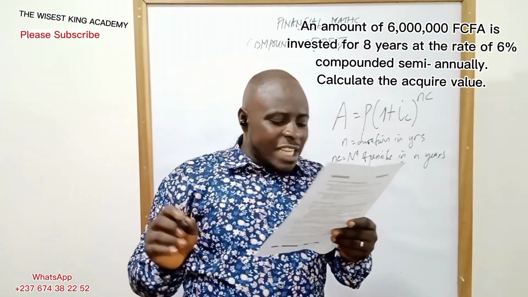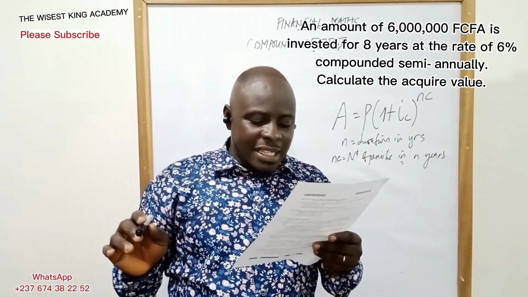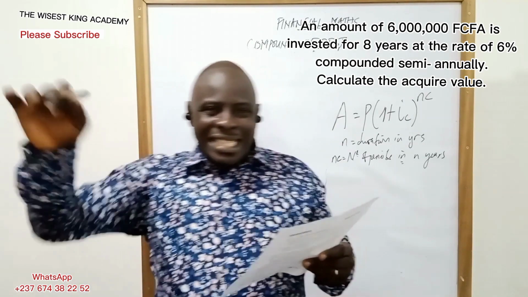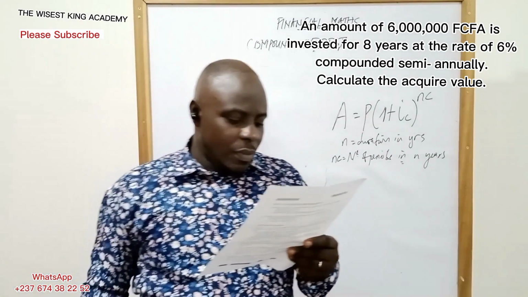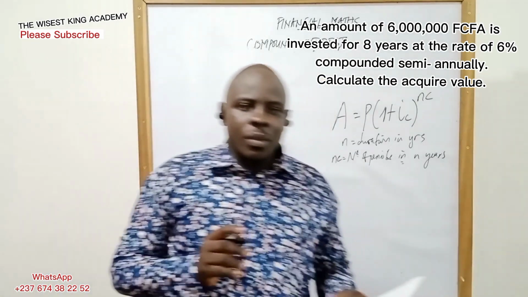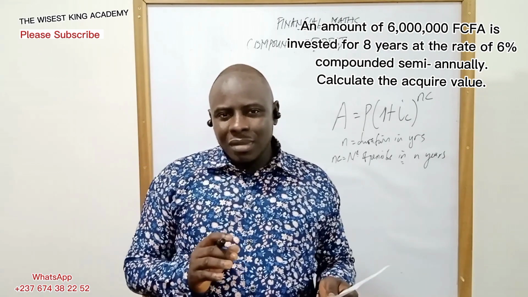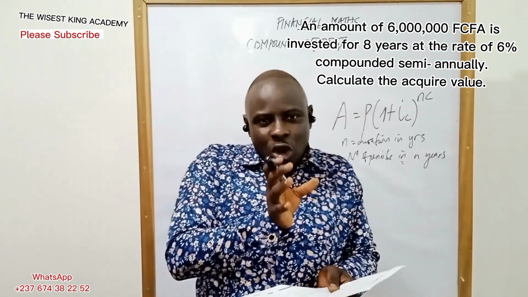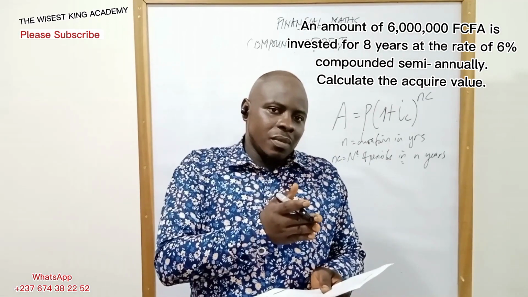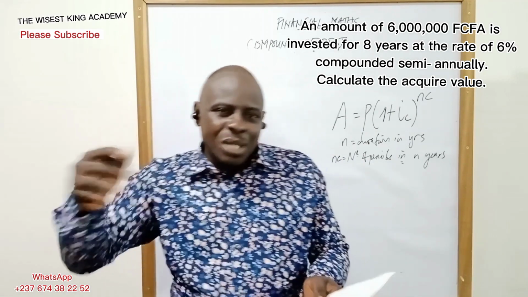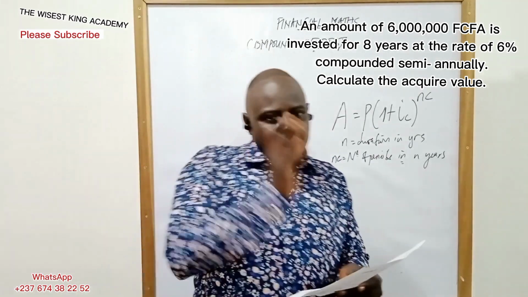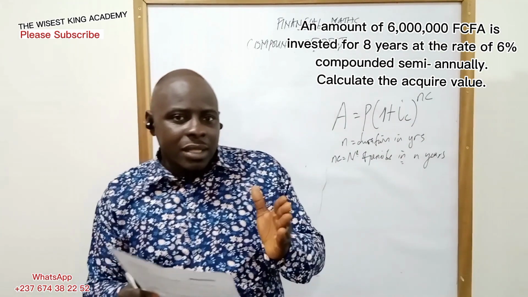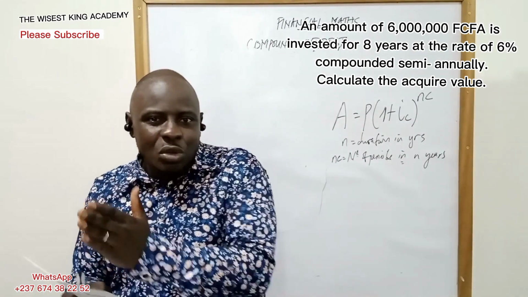An amount of 6 million francs is invested for 8 years at the rate of 6% compounded semi-annually. Now, let's understand the question. At the rate of 6% compounded semi-annually. When the interest rate comes, it means it's an annual rate. Now they tell you how many times interest is calculated per year. The rate given is an annual rate, but compounding is done twice a year.